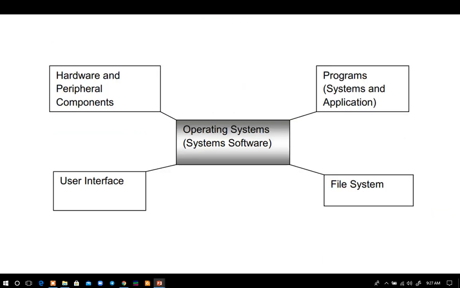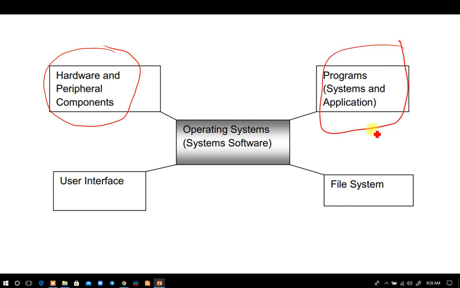Okay, so these are some of the operations that the computer operating system controls. We discussed in the previous slide that this system software controls the hardware and peripheral components. It also controls the programs, meaning the applications are installed on this system software.